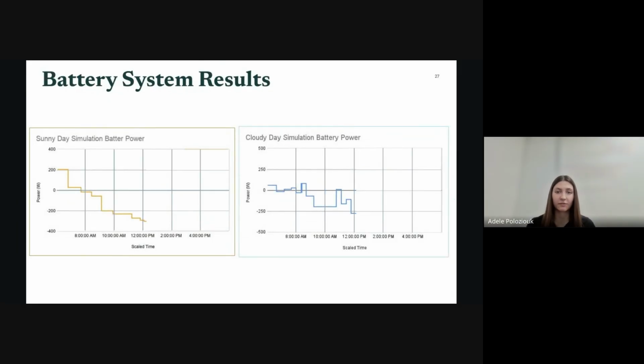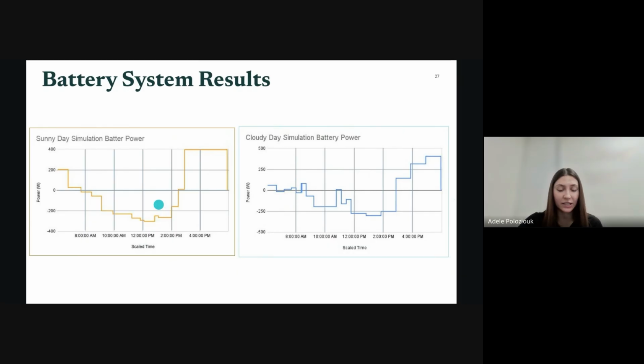Now here we have the result of the charging and discharging of the batteries under the sunny day and the cloudy day simulation. Both show that they're providing power, or discharging, at the start of the day, corresponding to the load of the house. With the medium amount of generation, it starts charging as it goes down here, because that means it's sinking power, since there's more solar power being provided.